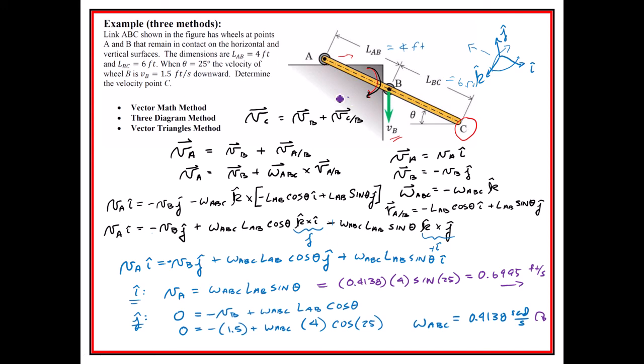So now we rewrite this equation right here onto the next page. And so the velocity of C is equal to the velocity of B. And by the way, we can actually use the velocity of A here in this spot and be able to get out the same answer here because we do know the velocity of A now. But just for convenience, it might be to take the velocity of B. So we take velocity of C with respect to B added to the velocity.